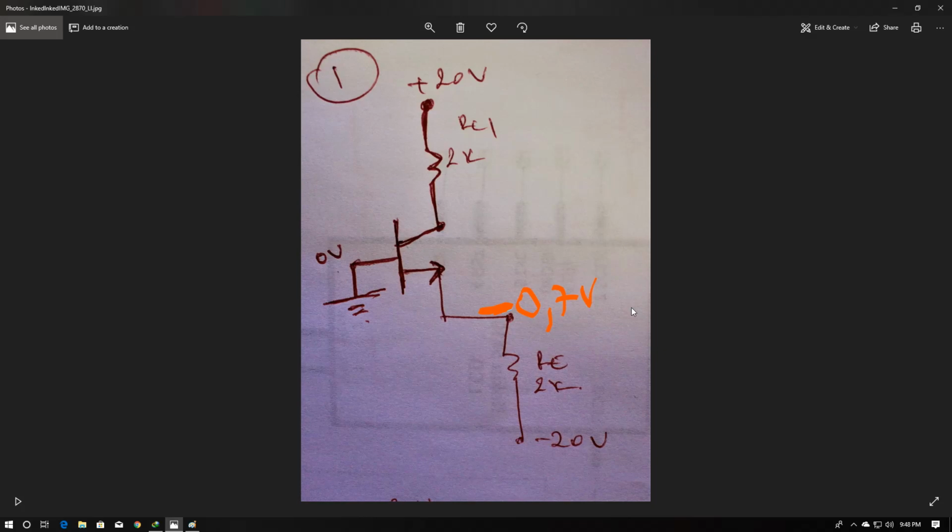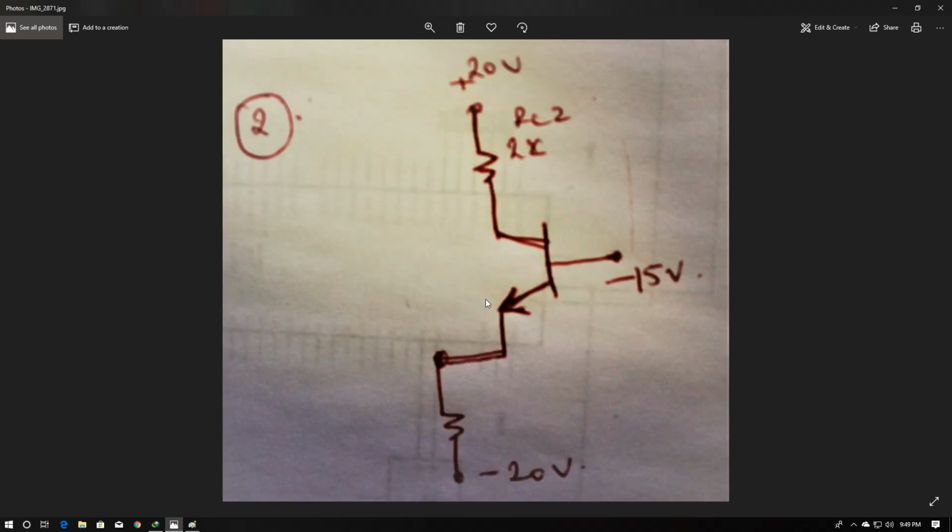Okay, now we saw that first we had this, and then by applying all those steps, we've got minus 0.7 volt over here. Okay, and secondly we had this part, and we found out that over there it's going to be minus 15 volt.